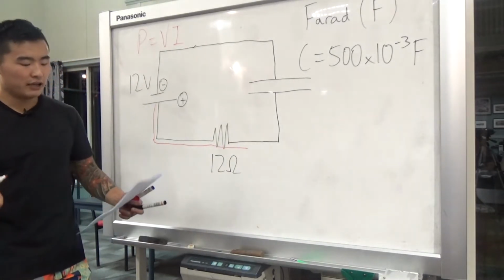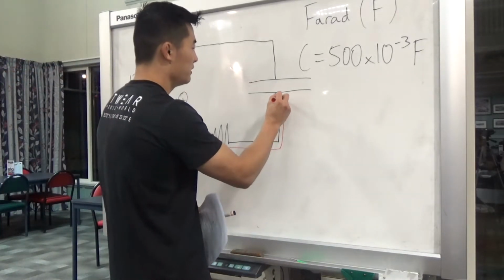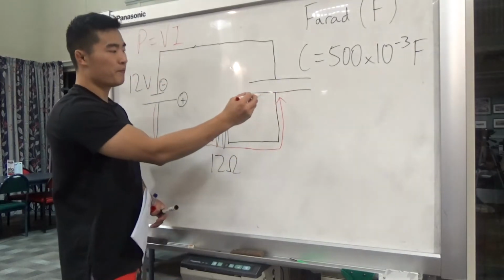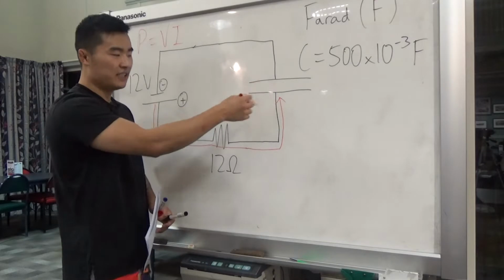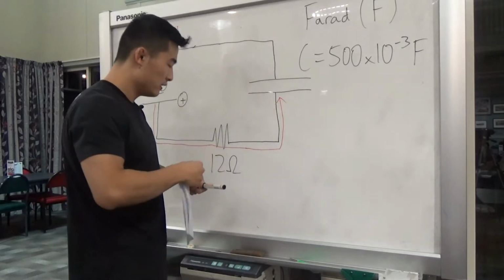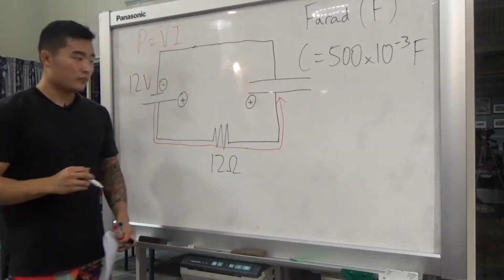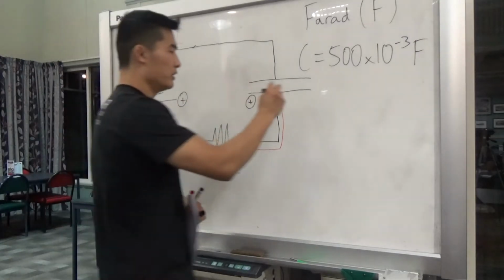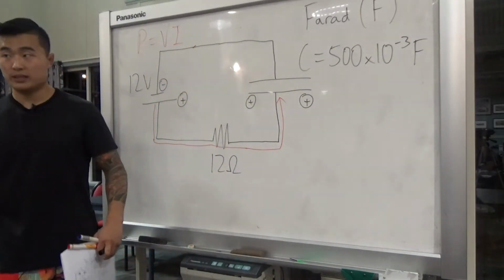So the light will come on instantly, and the charge will get to this plate here, but it can't go through because it's not connected. So the charge is just going to start to build up on this plate. Gradually, more and more charge is going to build up on this plate.